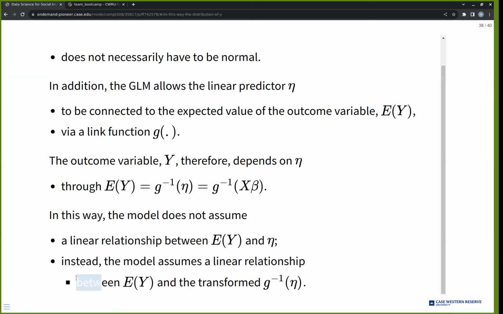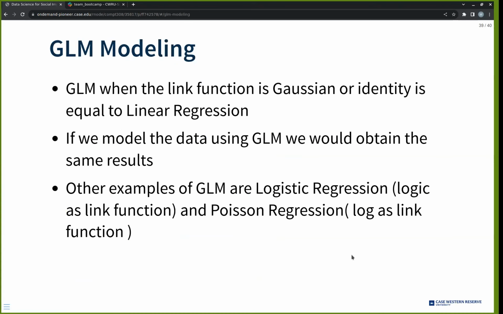It now assumes it between E(Y) and the transformed eta. That is the takeaway from the slides: it bypasses the restriction of linear relationship by transforming the variable and relating it to the same predictor in some other way. That might be the most simplistic way to put it.